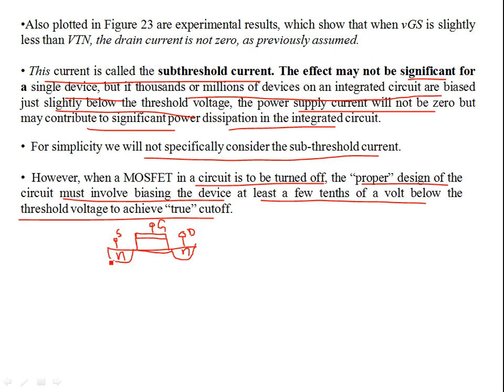So let's talk about a short channel device first, how it occurs. This is a p-type substrate. The thing is, even if you are biasing this below threshold, so VGS is below threshold, the VDS is non-zero, VDS is greater than 0.